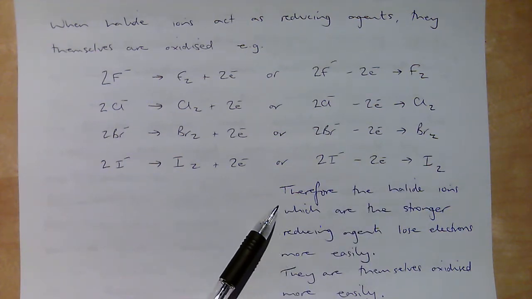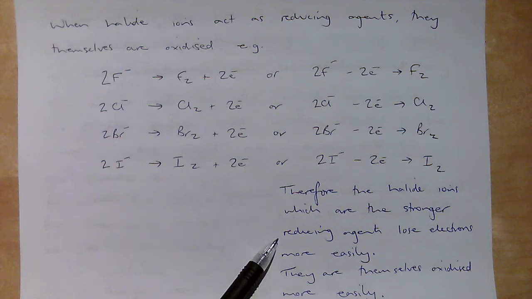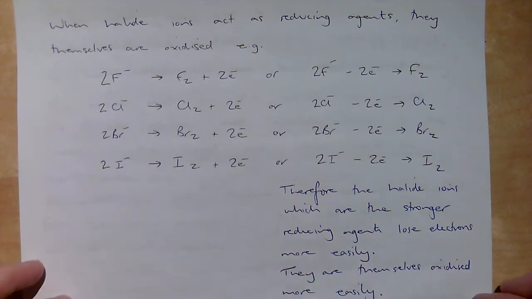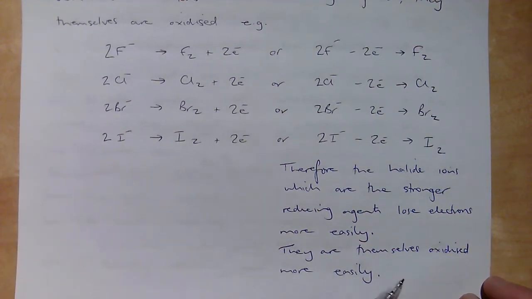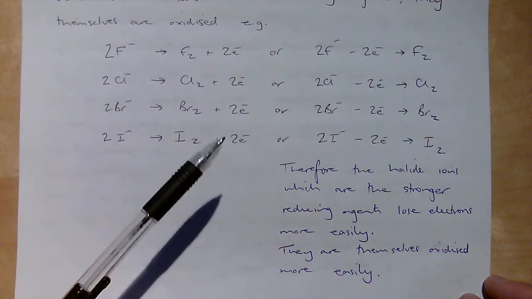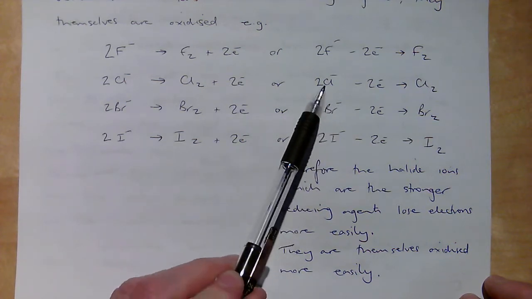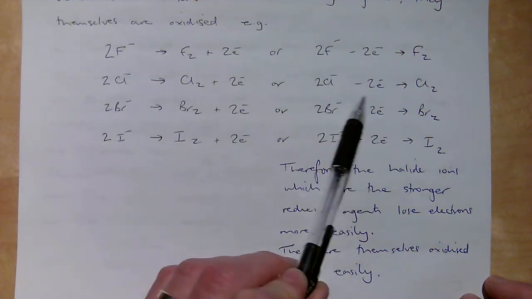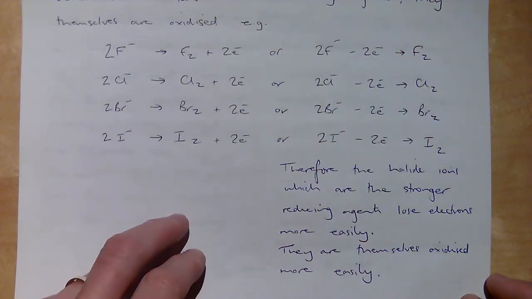Therefore the halide ions which are stronger reducing agents lose electrons more easily, i.e. they are themselves oxidized more easily. So strong reducing agents need to lose their own electrons.